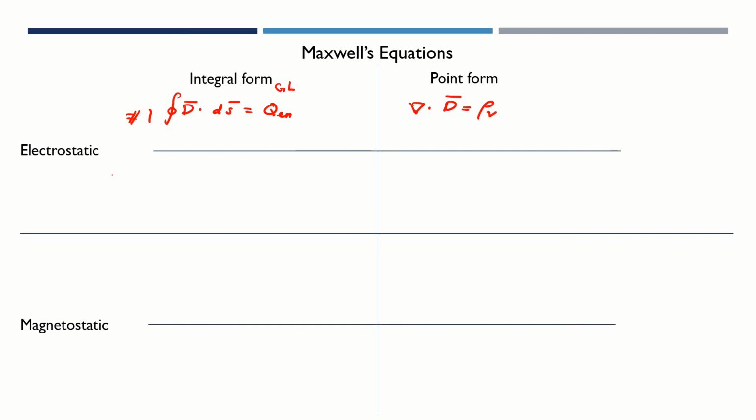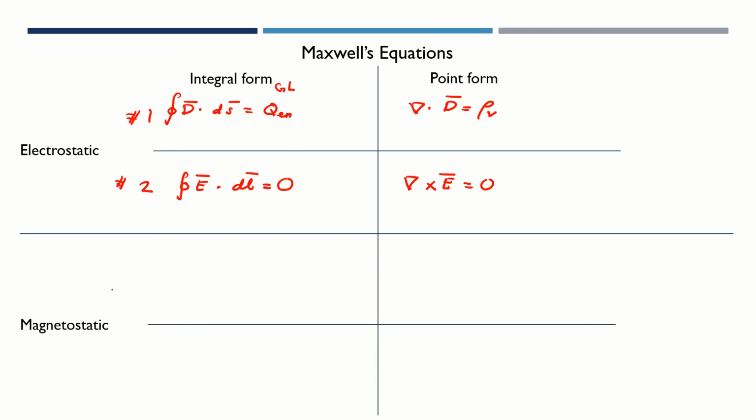And Maxwell equation number 2 for the electrostatic world is the closed integration of E dot dl equals 0, and the point form of this integration format is del cross E, the curl of E, is equal to 0.